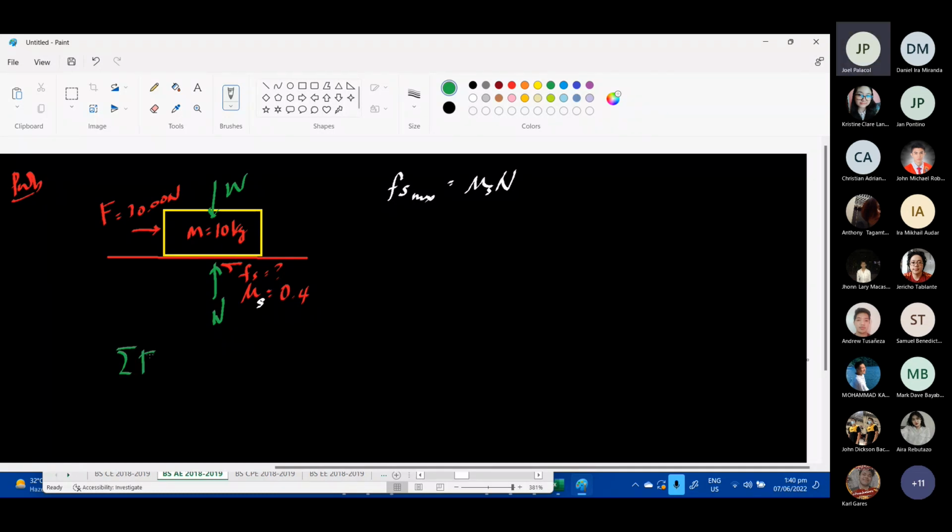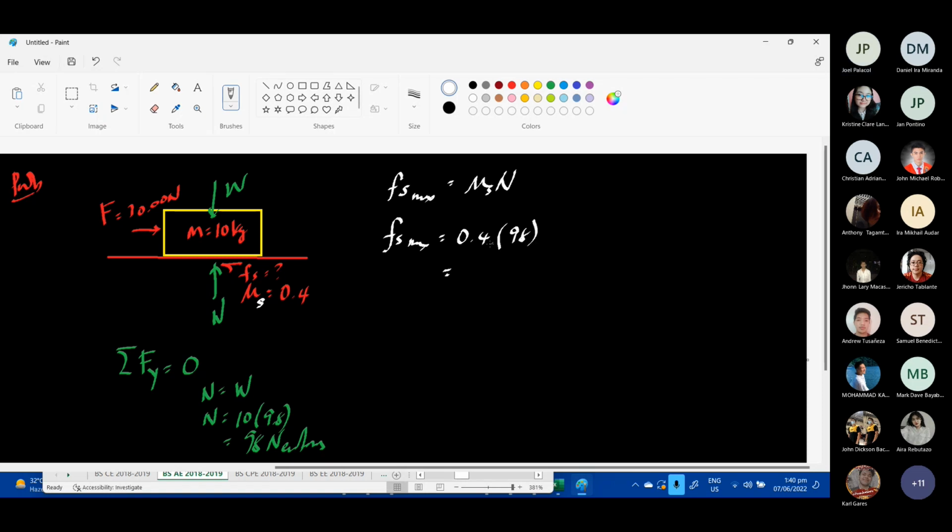So if you take the summation of forces along Y, equal to 0, N is equal to W. N is equal to 10 times 9.8, and that is 98 newtons. All right? So the maximum static force will be equal to 0.4 times 98. And how much is that? That will be 39.2 newtons maximum.